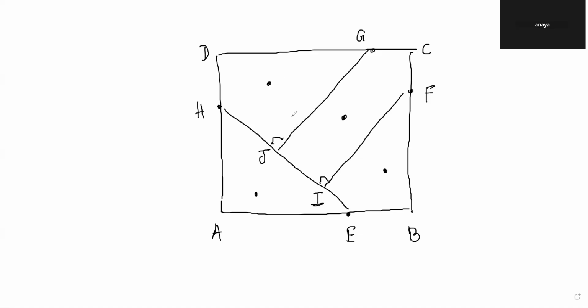So technically, all the areas are 1, 1, 1, and 1, right? So the whole figure has area 4. So that means each side has length 2. You have to find out FI square.